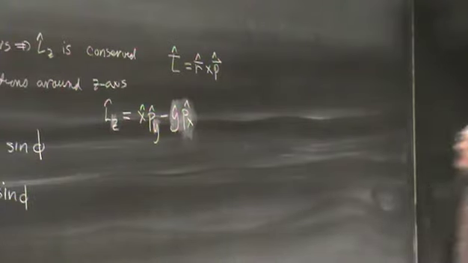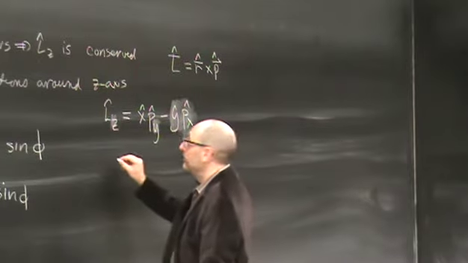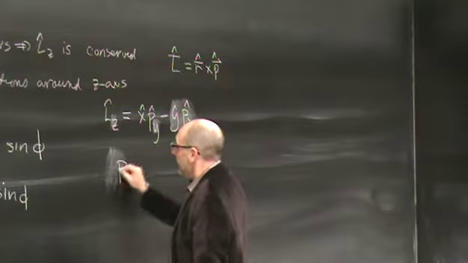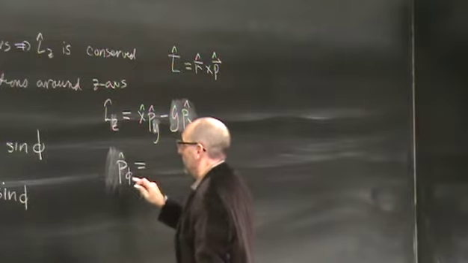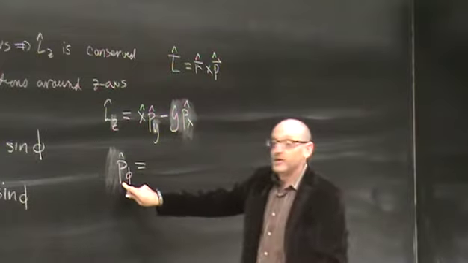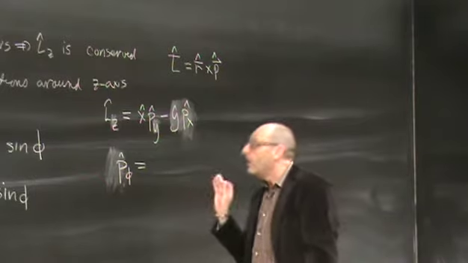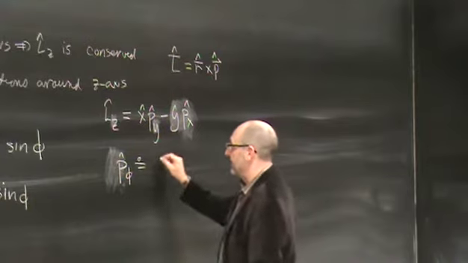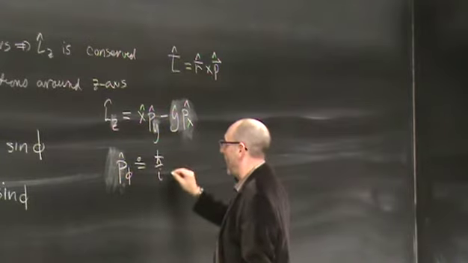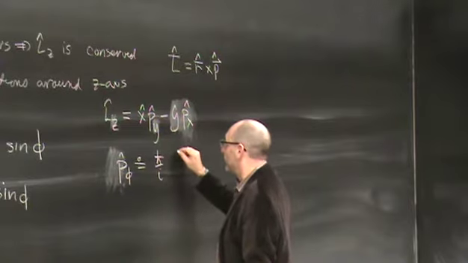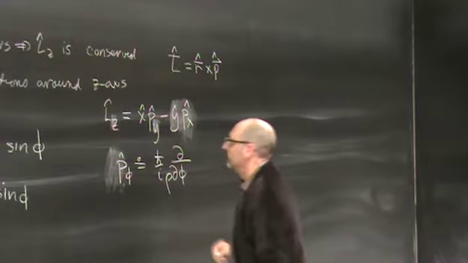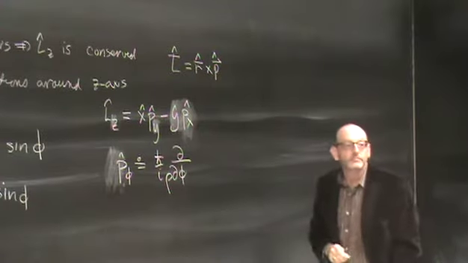Or, as we discussed last time, we can say P phi, the momentum along the tangential direction in the position representation, is h bar over i times the derivative with respect to that length. And that length is that.